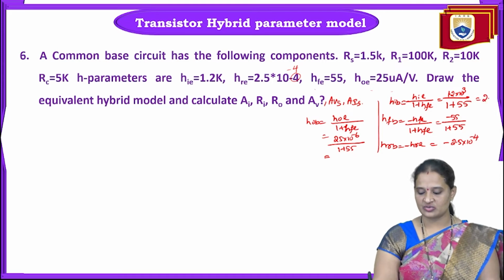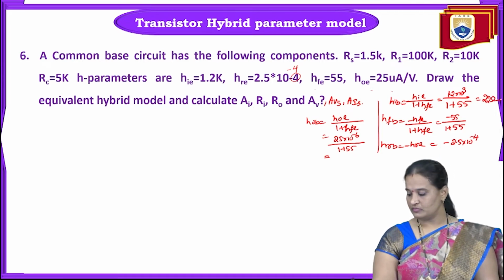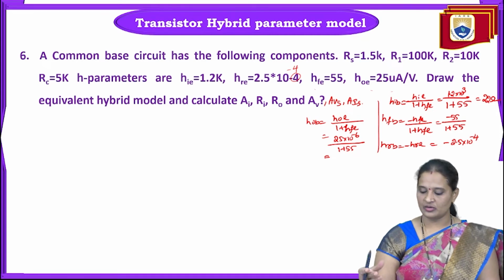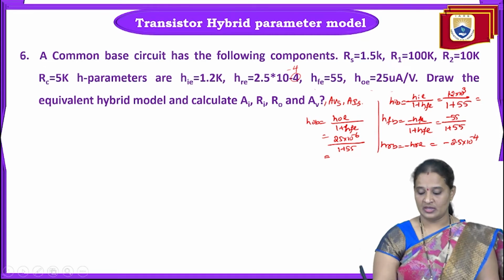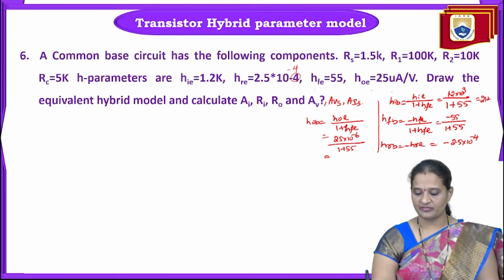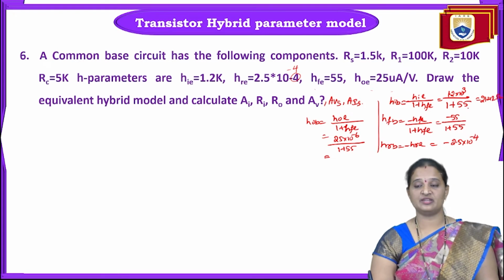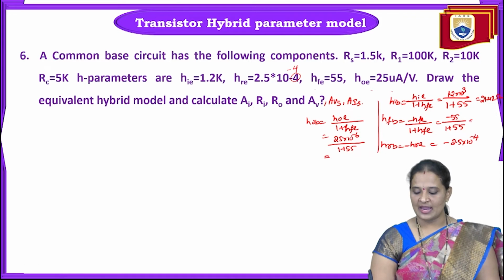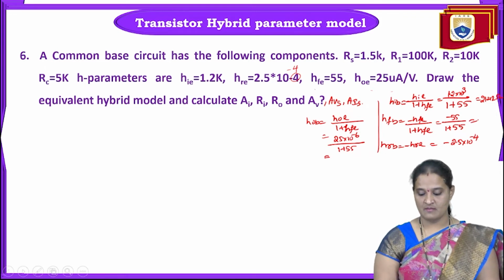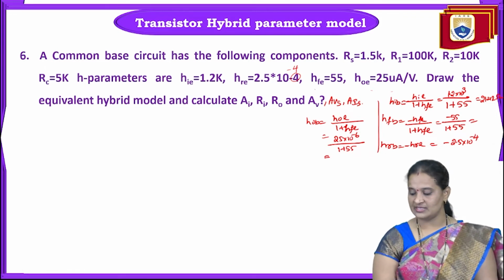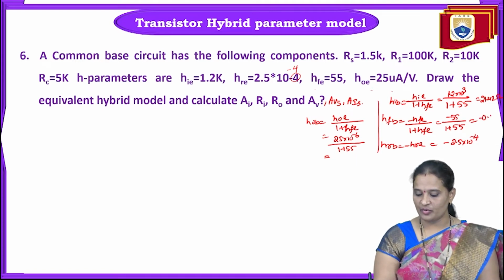HIB is equal to 22 ohms. Not 22 exactly, it is 21.42 ohms because it is input impedance. Input impedance is always measured in ohms. And coming to HFB, the value of HFB is minus 0.98.